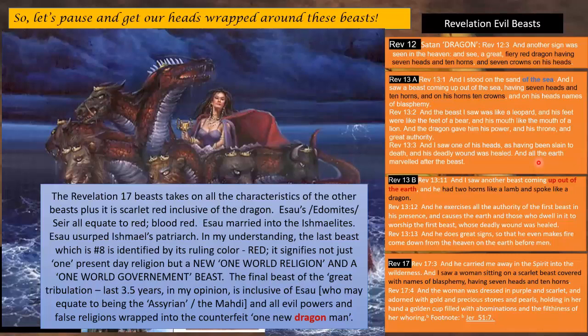The final beast of the Great Tribulation in the last 3.5 years, and this is just my opinion, is inclusive of Esau, who may equate to being the Assyrian or the Mahdi, and all evil powers and false religions wrapped into the counterfeit one new dragon man.